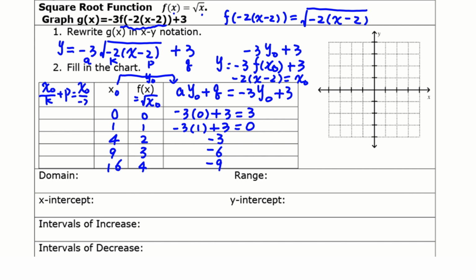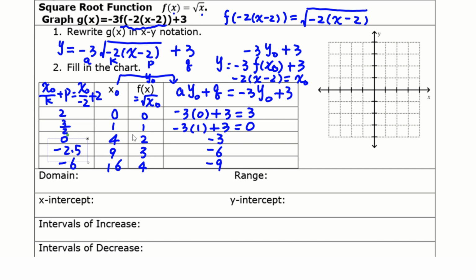That is your k value. P value is plus 2. Then we sub in, we have 2. Negative 1 over 2 plus 2 gives you 3 over 2. 4 divided by negative 2 plus 2 gives you 0. 9 divided by negative 2 plus 2 gives you negative 2.5. Then 16 divided by negative 2 is negative 8, plus 2 gives you negative 6.